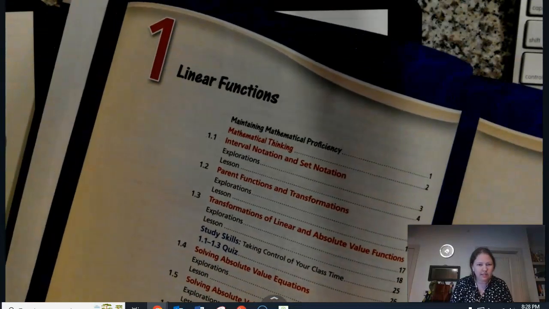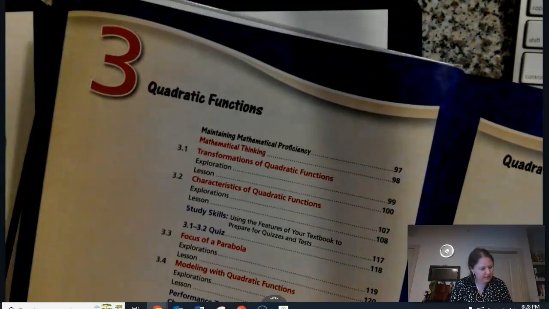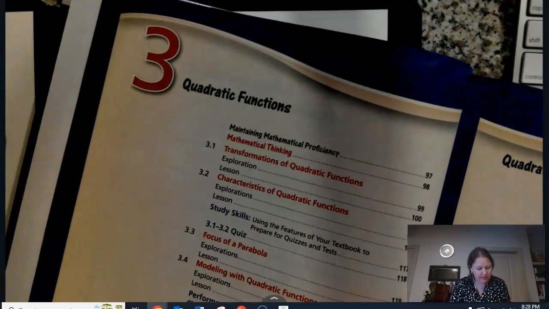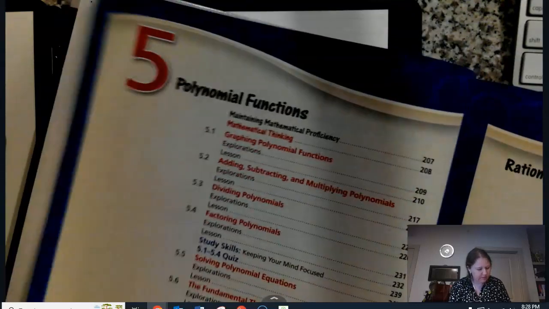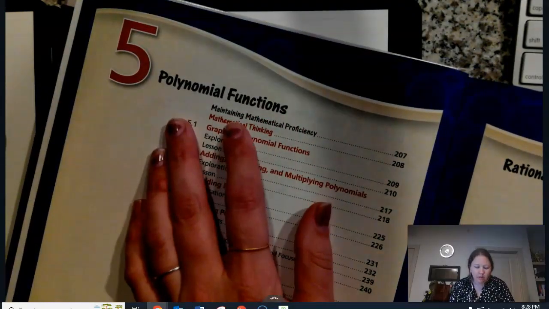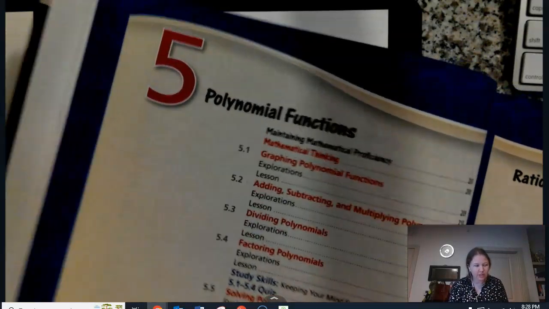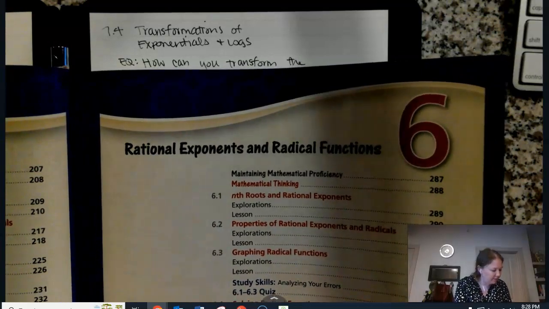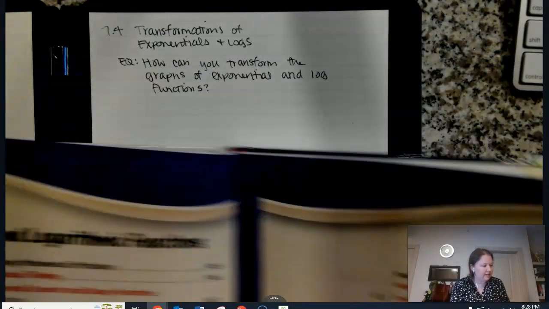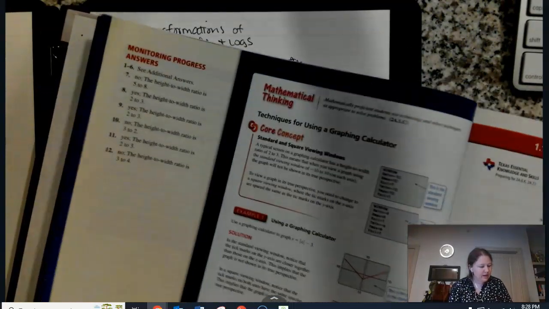We learned it in absolute value and in linear. Chapter 2 was systems. Chapter 3 was quadratics. Chapter 4 was nonlinear systems and quadratics again. We learned it for polynomials. We learned it for exponents and radical functions, right? We did some transformations there. So now that we are in exponential and log functions, we are back with the transformations.